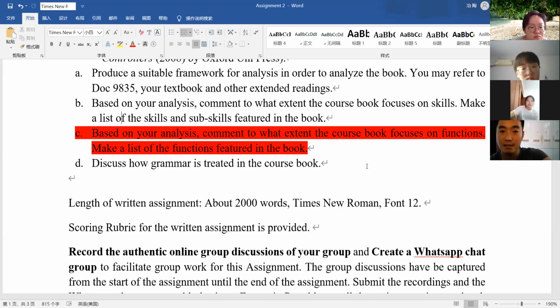The fourth function is the phatic function, the function of keeping communication lines open. For example, greeting. When you use greeting, the pilot and the controller start a conversation.